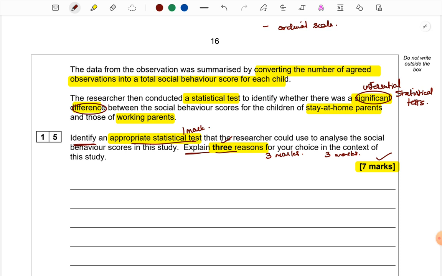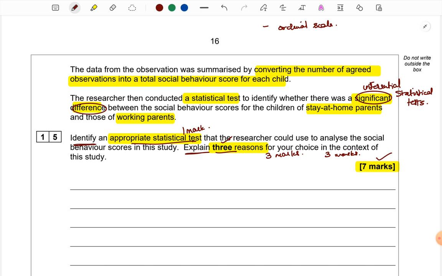So one reason is ordinal scale. When I write with the explanation, it is a social behavior score. It's definitely not interval data. There are not equal gaps in the scores because it's not a mathematical type of quantification. More on that I will write with relevance to the scenario.